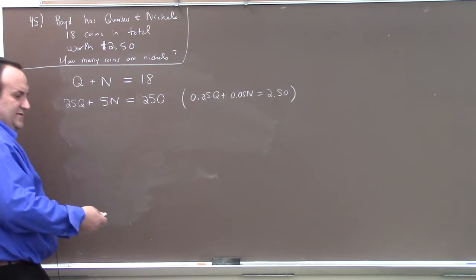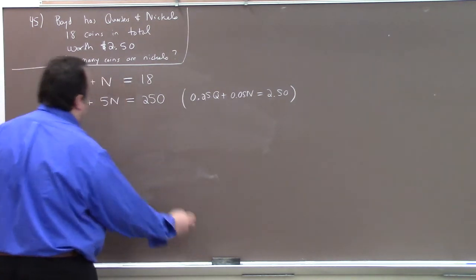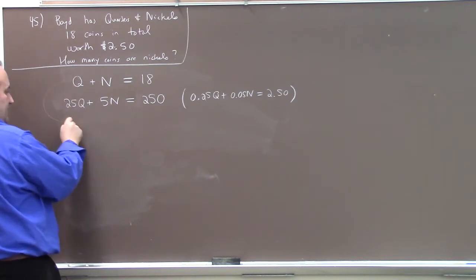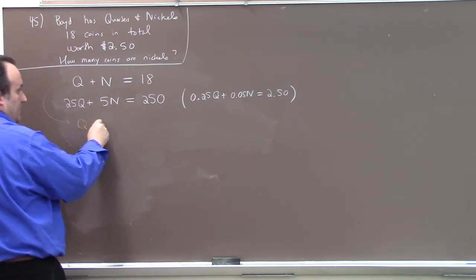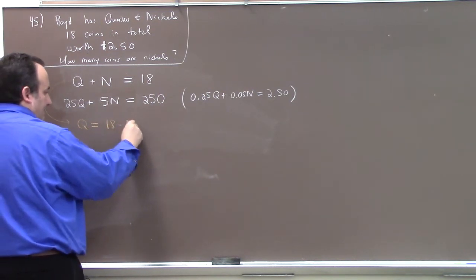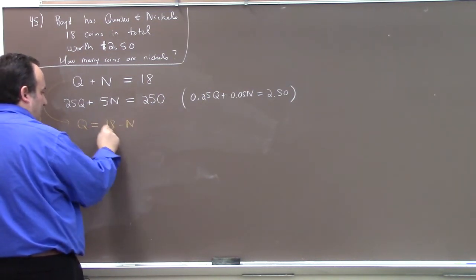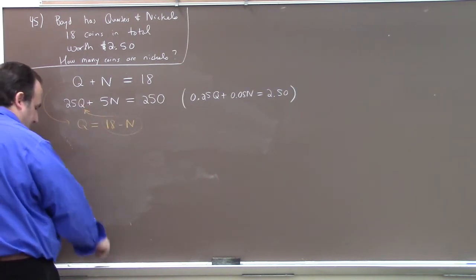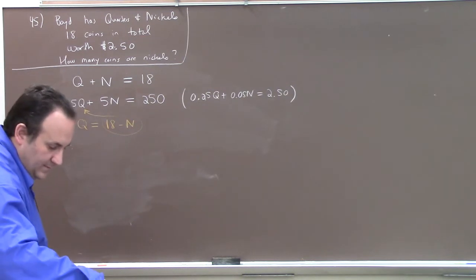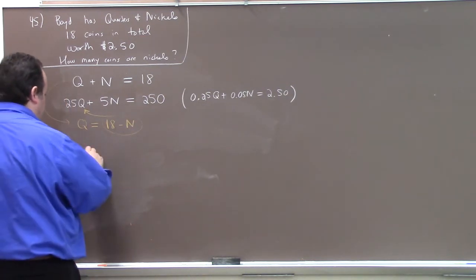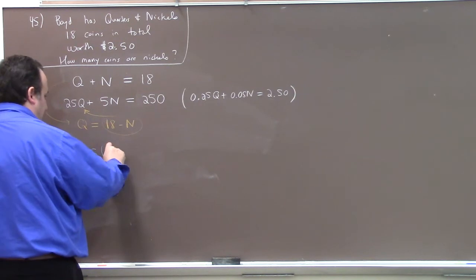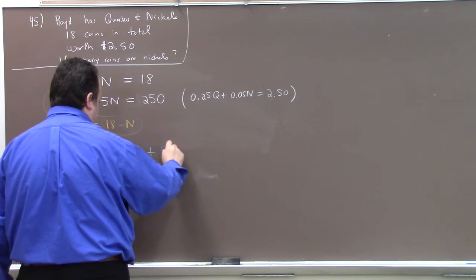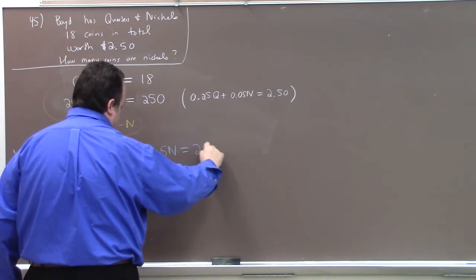I think I'll use substitution, yeah? So would you guys want me to solve for N or solve for Q? Okay, so this gives me Q is 18 minus N. Then I take this and plug it in here, and that gives me 25 times parentheses 18 minus N, plus 5N, equals 250.